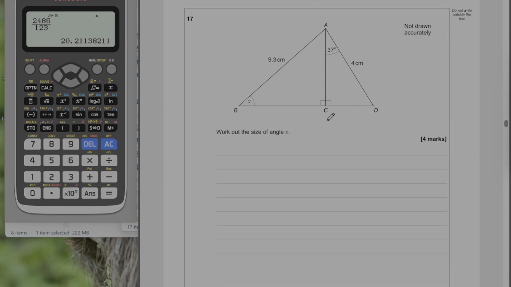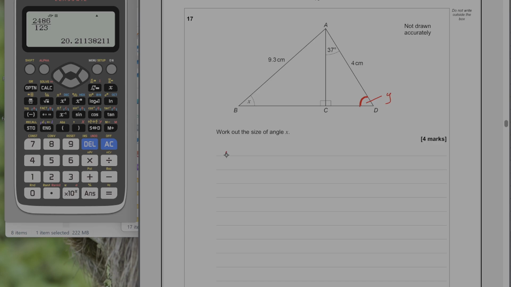Right, question 17. Work out the size of angle x. Okay, so I'm going to work out this angle here. I'm going to call it y for now. I'm going to say y is equal to 180 minus (90 plus 37).